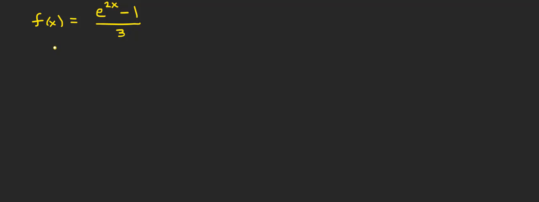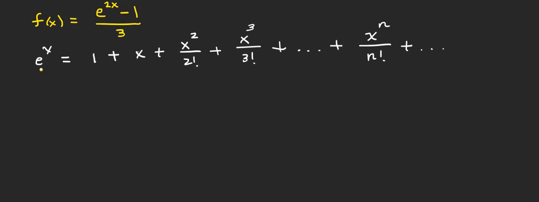So let's say you want to build a Maclaurin series for this function. Now, note that you could use a shortcut when we build Maclaurin series. First, you need to realize that the Maclaurin series for e to the x is this series right here. Now we need to find e to the 2x.